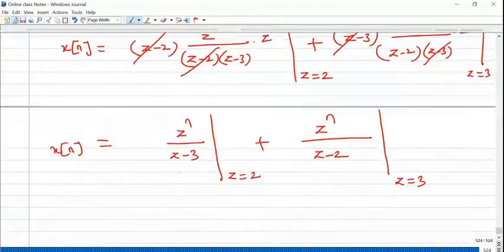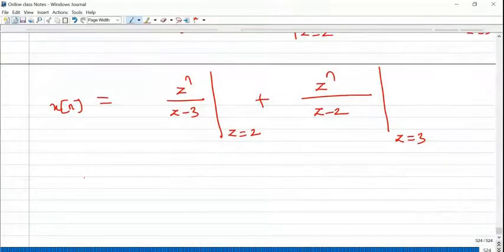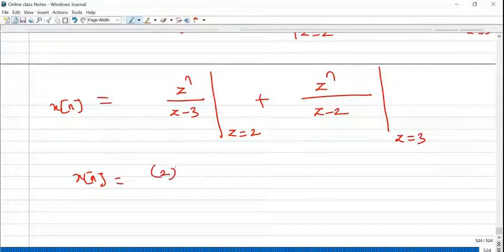Replace z by 2 in the first term, and the inverse transform result is 2 power n divided by (2 minus 3), so minus 2 power n, plus 3 power n divided by (3 minus 2), which is 1.